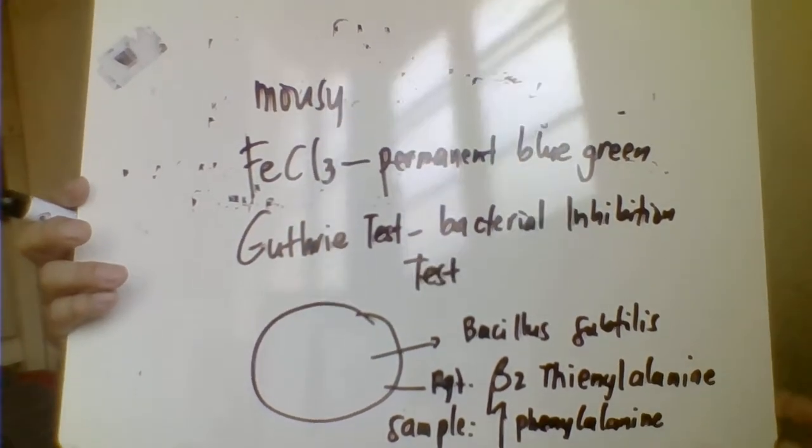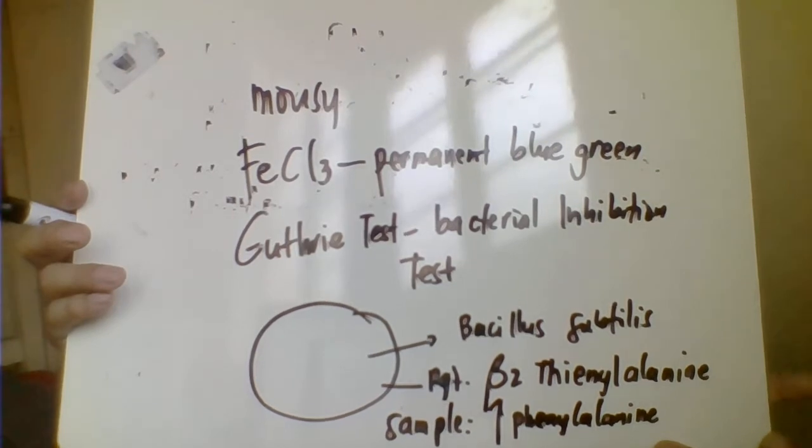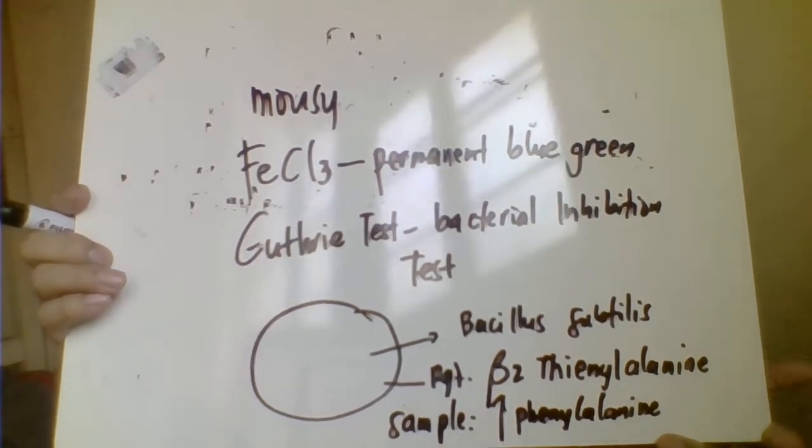Another test that will help us identify phenylketonuria would be your Guthrie test.